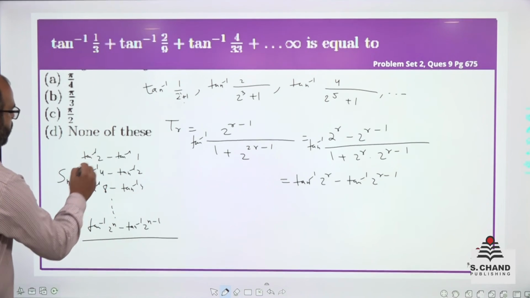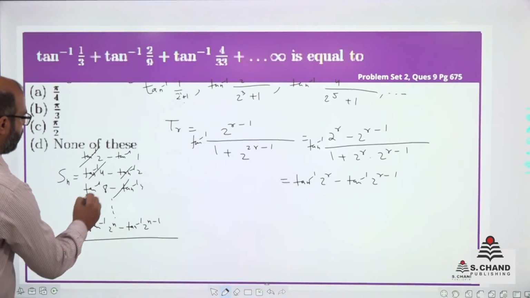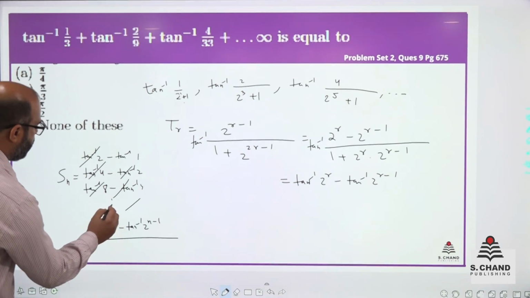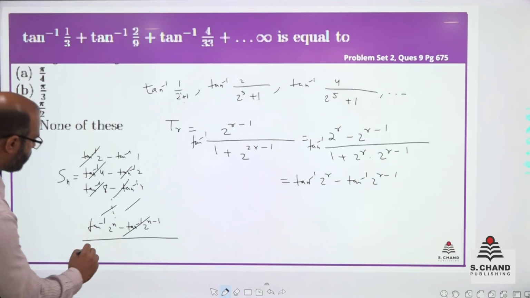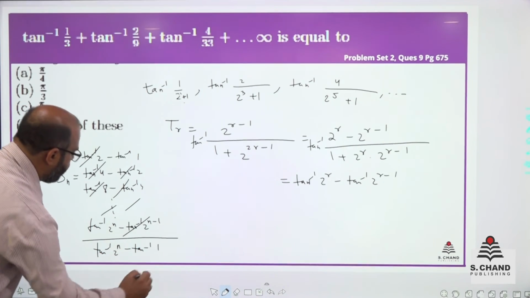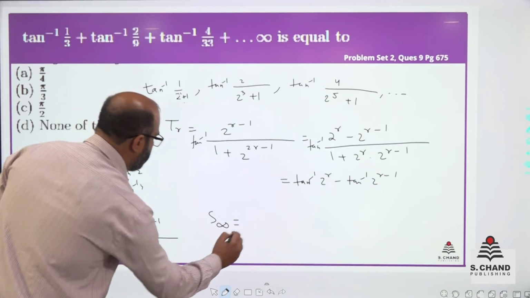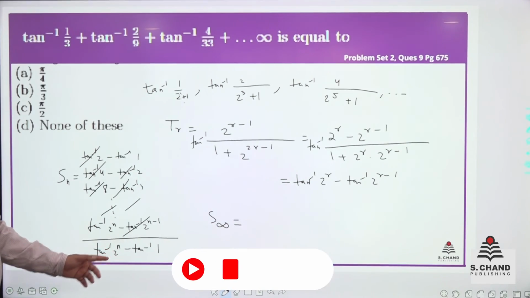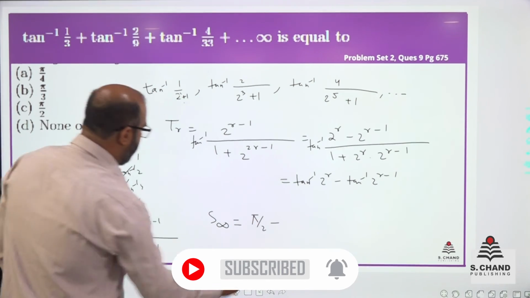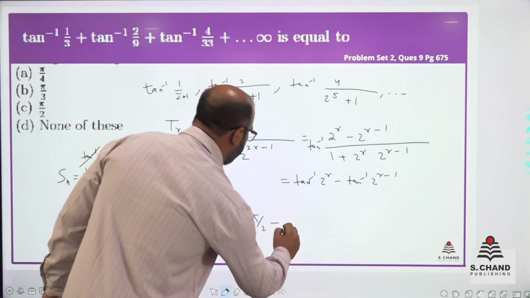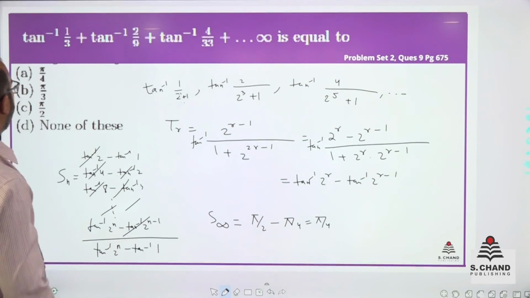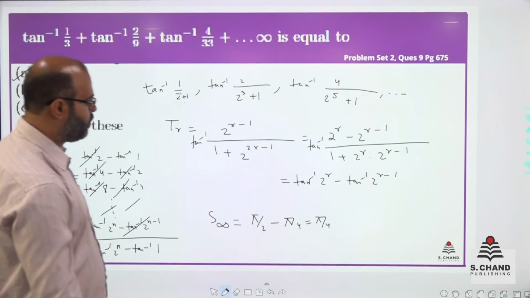So this will cancel, this will cancel like this. So the sum is tan inverse of 2 to the power n minus tan inverse of 1. Now sum till infinity is asked. So when you put n tending towards infinity, this will be tan inverse infinity, which is pi by 2, and tan inverse of 1 is pi by 4. So you will get pi by 4 as the answer.